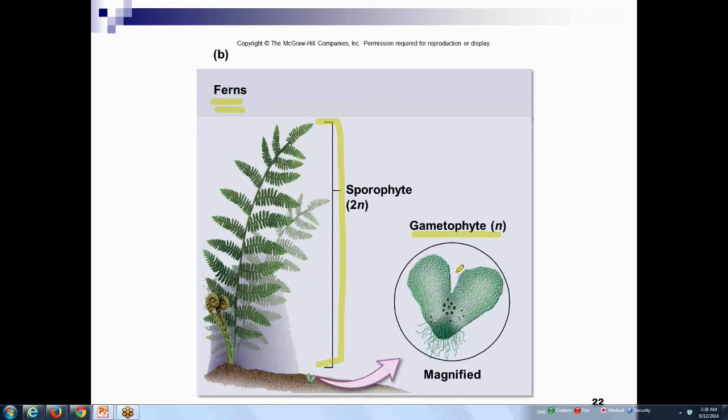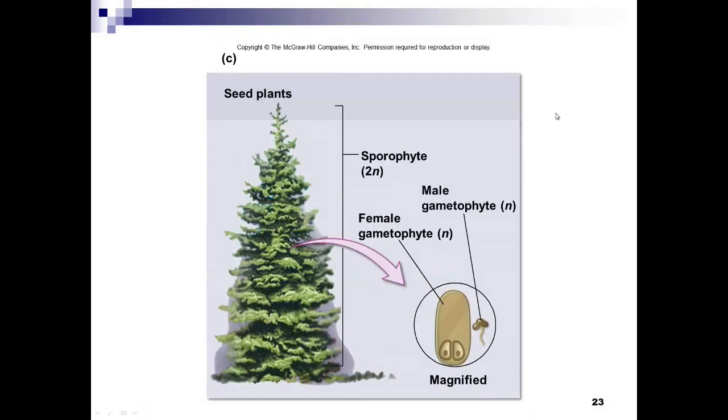So take your pinky fingernail, that's about how big this heart-shaped structure is. It's down in the soil. You never even notice it. So the gametophyte generation is already greatly reduced, even in plants that have been around a long time like ferns. But that will just keep getting smaller and smaller as we get towards the most complex plants, like the angiosperm.